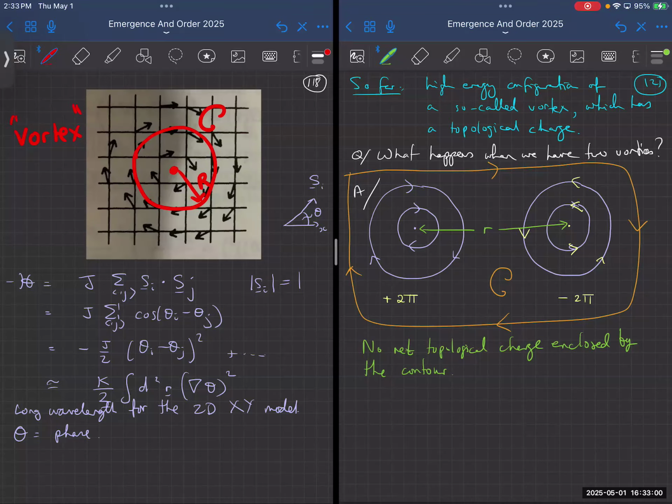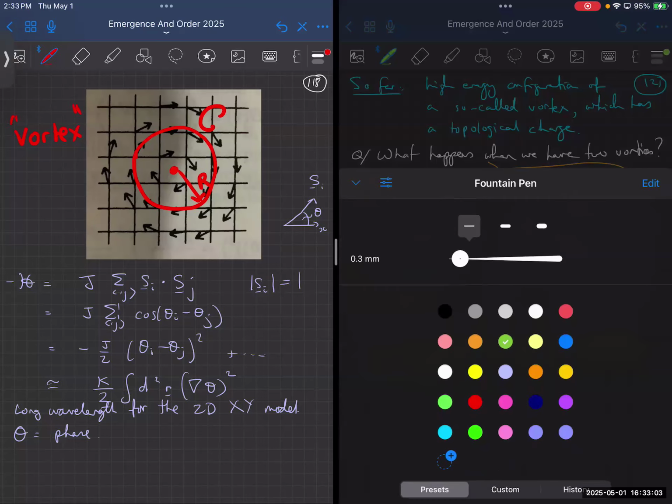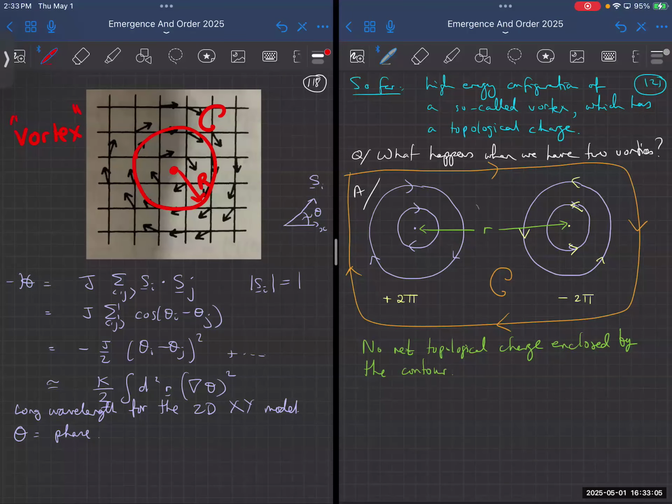Why is that? Well, if you look in the middle here, let me try not to destroy this picture. Here you've got a flow going like that, and here you've got a flow going like that as well. But if I go around the whole thing, then the flows cancel out.